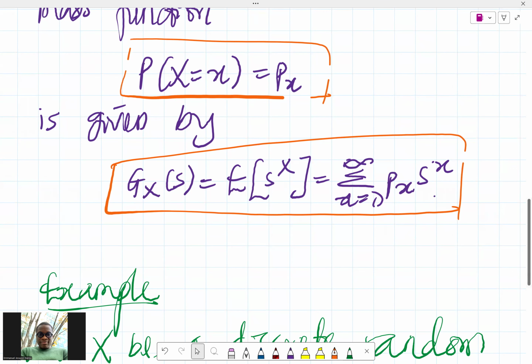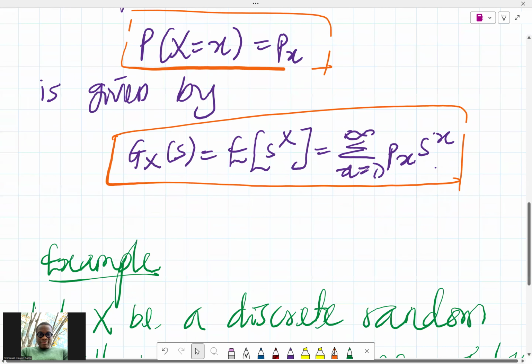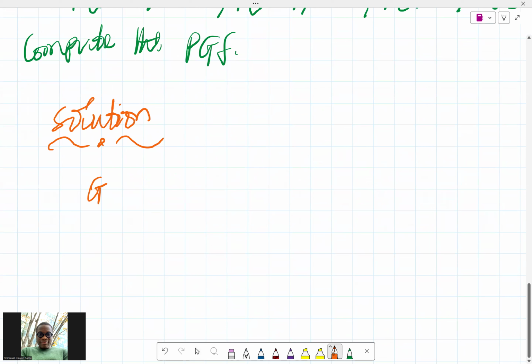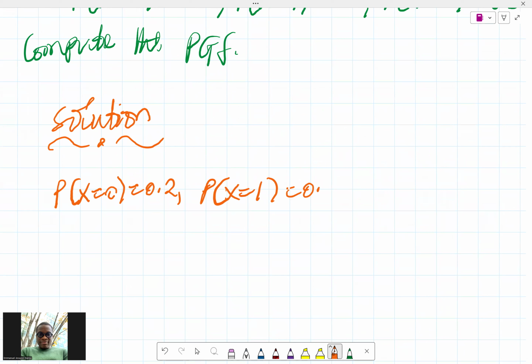First we can write down the PMF: P of X equals 0 is 0.2, P of X equals 1 is 0.5, and P of X equals 2 is 0.3.